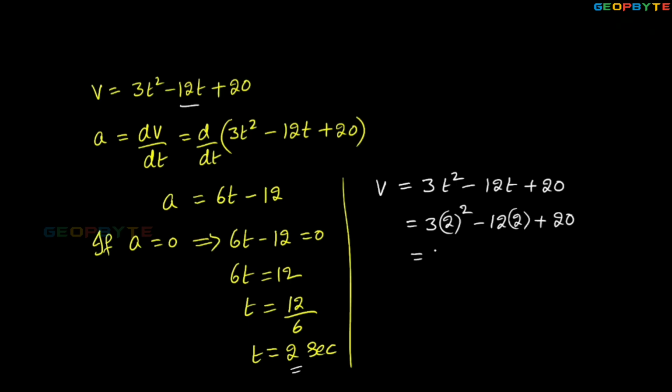It is equal to 12 minus 24 plus 20. 12 minus 24 is minus 12, plus 20, that is 8 meter per second. That is the velocity when acceleration becomes 0.